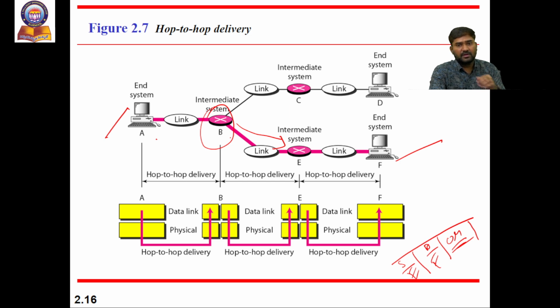Remember, the packet doesn't go directly to the destination system. My packet needs to pass through many systems. These systems we name intermediate systems or intermediate devices. Clear?